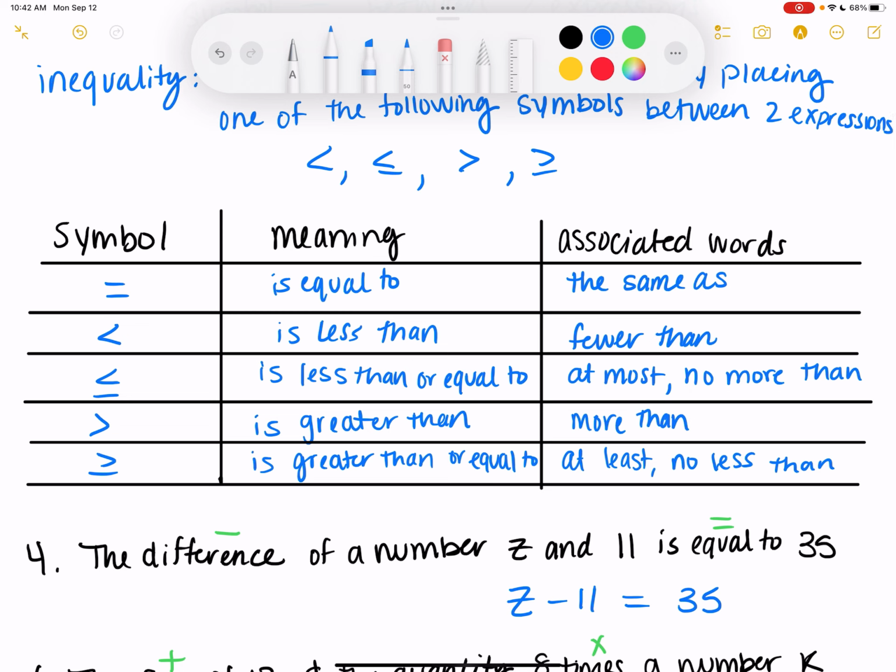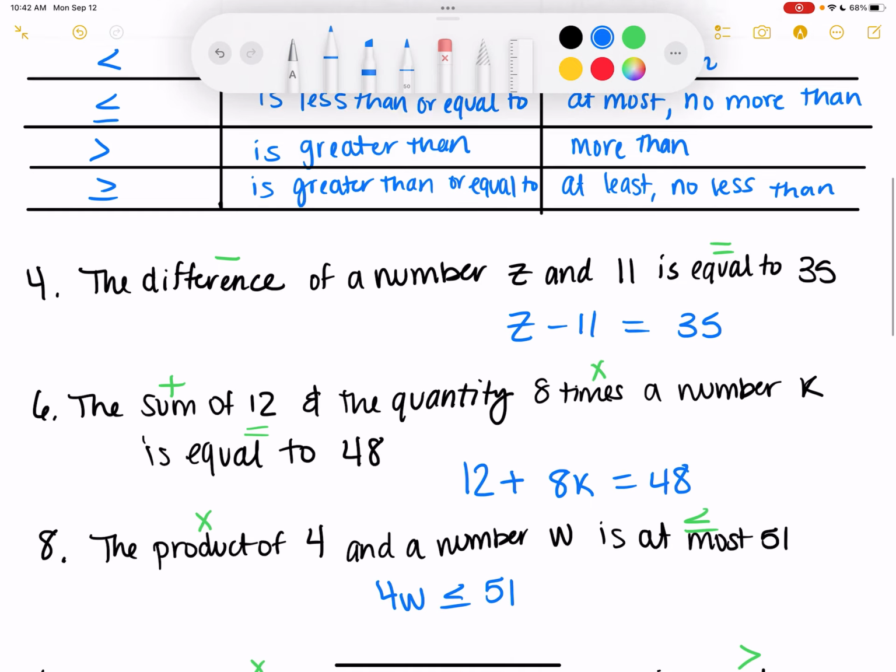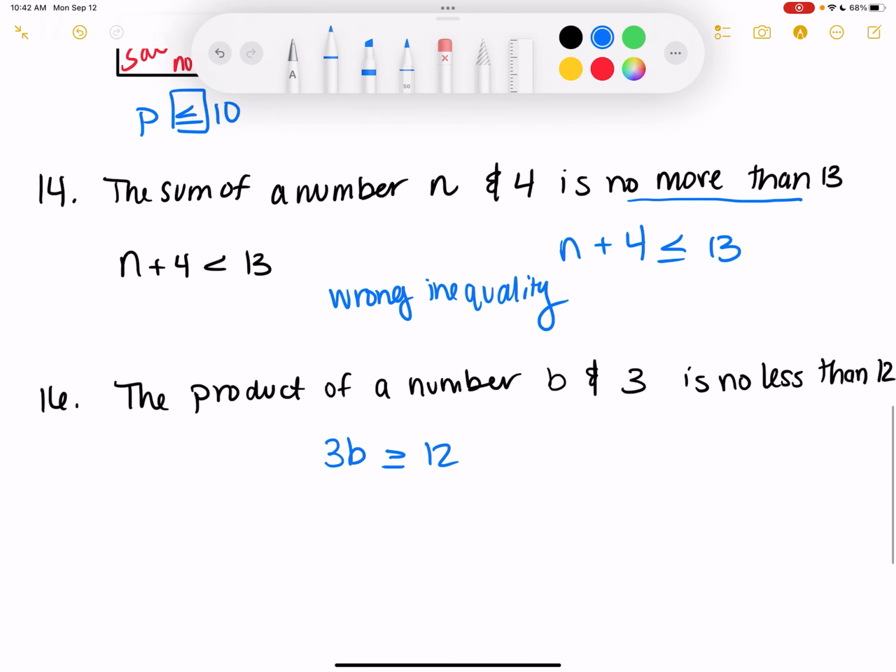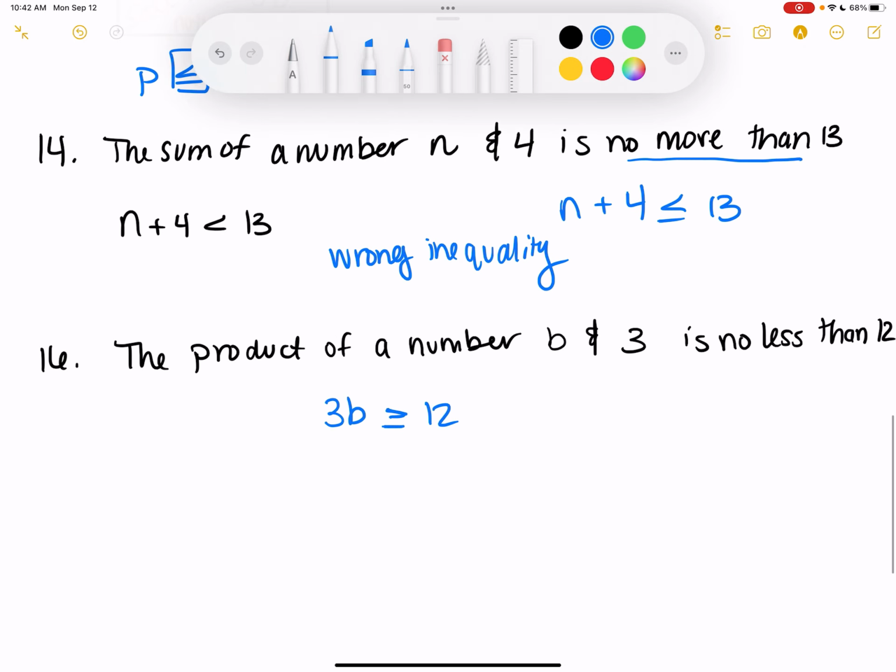It's a little confusing how they word those. When they say no something than, those are opposite of what you would think. So if you see no less than, it's greater than, and if you see no more than, it's less than. Or equal to in both those cases. It's so weird the way that they word them. Why do they need to be complicated?